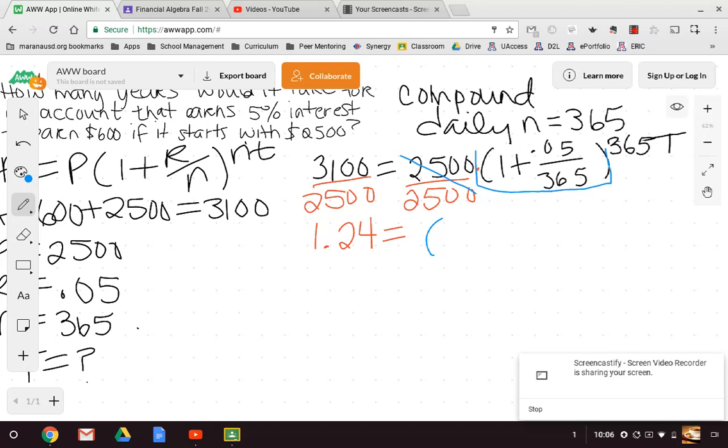1 plus the 0.05 divided by 365 for my days there. And what I come up with is 1.000, and it looks like 136. So I can't just use these zeros there. I always need to have some stuff after the decimal.